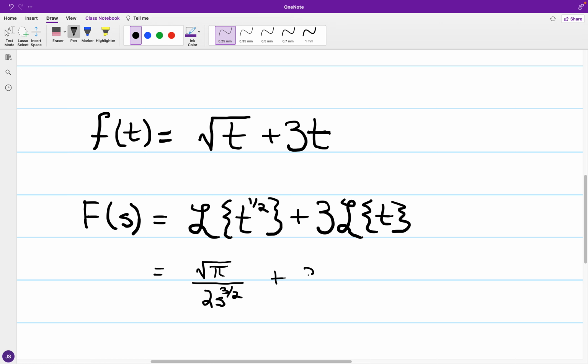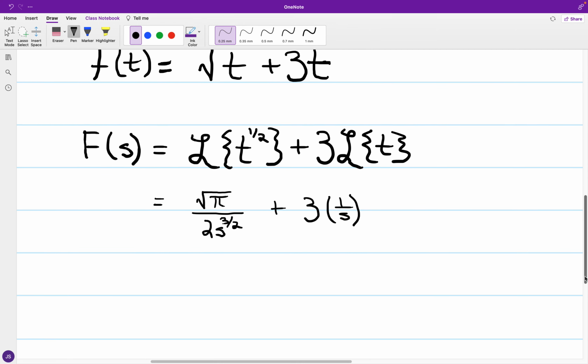And we have 3 times the Laplace transform of t, which in this case is multiplying 3 by 1 over s. If we leave the terms separate, we have the square root of pi all over 2 times s to the 3/2, plus 3 over s.